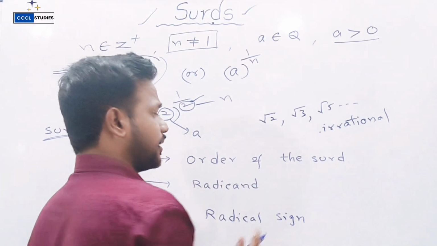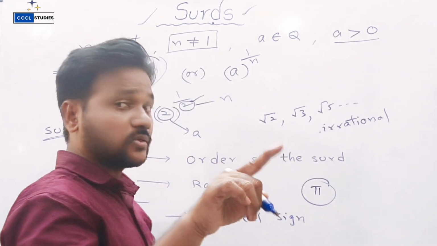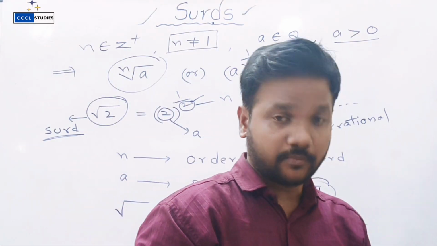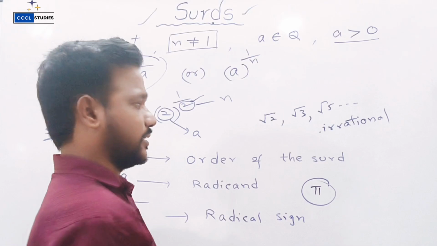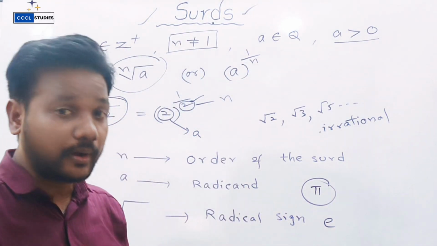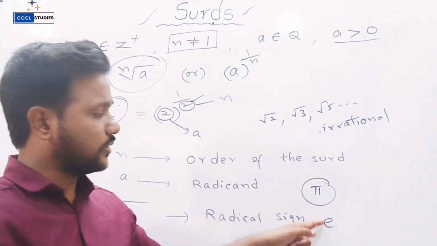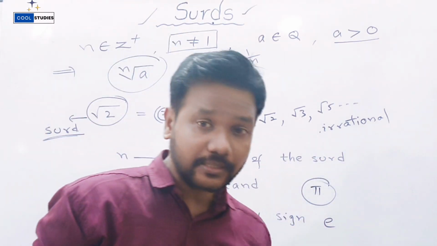But pi is also an irrational number, and e is also an irrational number, but these two numbers are not surds.